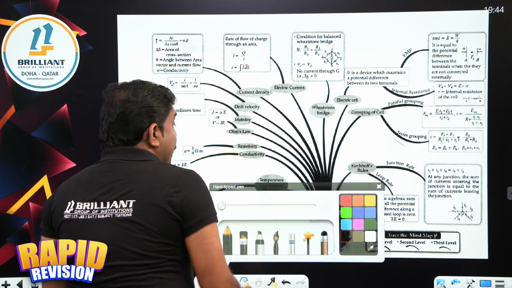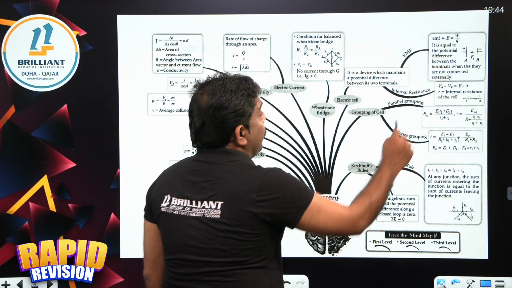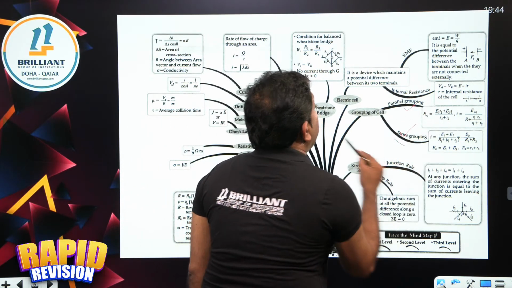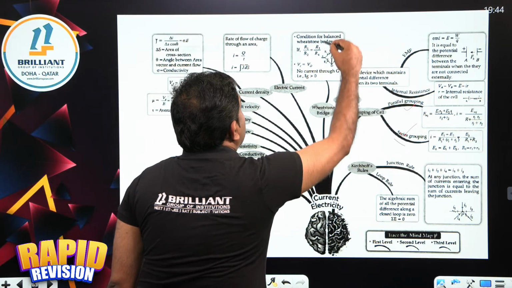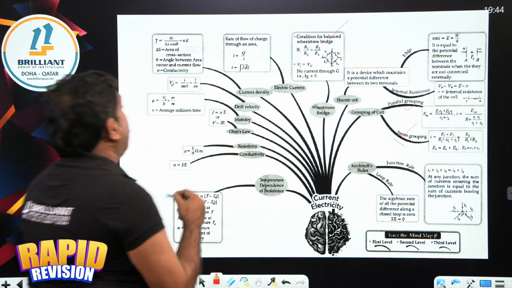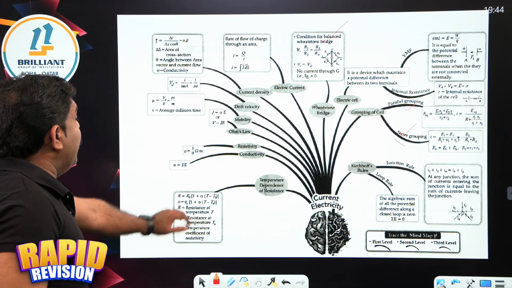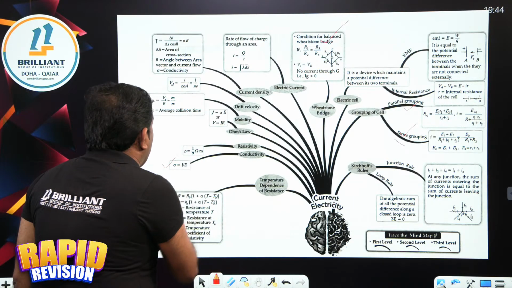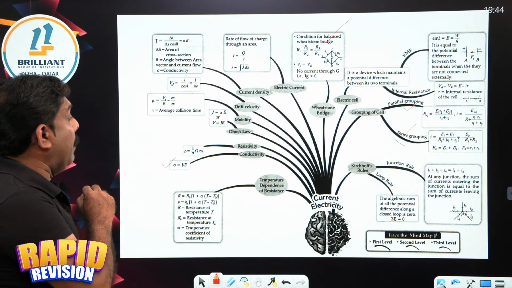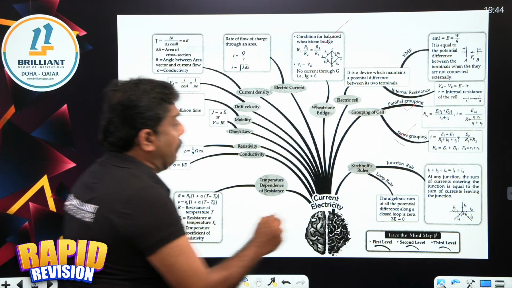In the same manner, the Wheatstone bridge principle is also a derivation part, and we have the relations between them. First of all, J equal to sigma E, or sigma equal to J by E, is a derivation part.